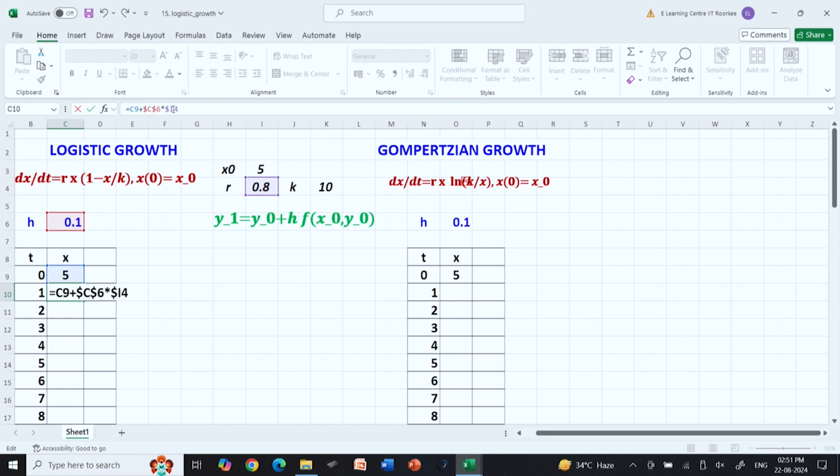So I put dollar, multiplied by x, multiplied by 1 minus x divided by k, which is again a constant.